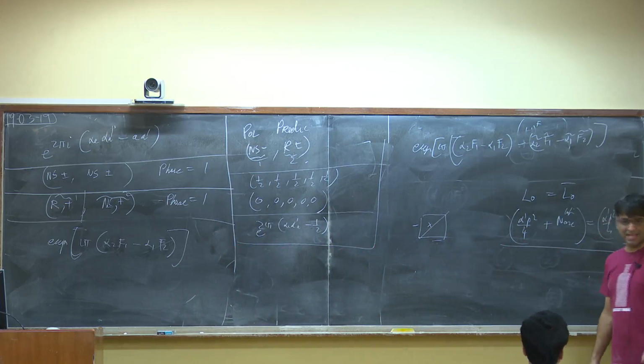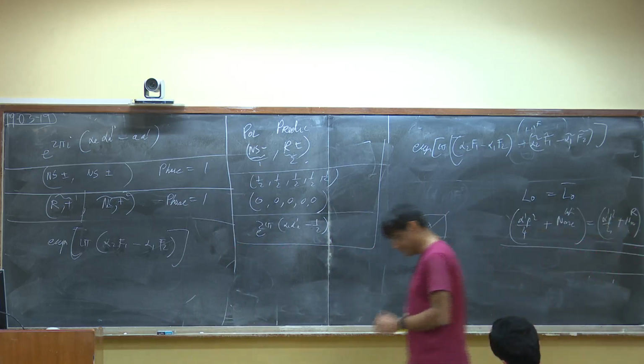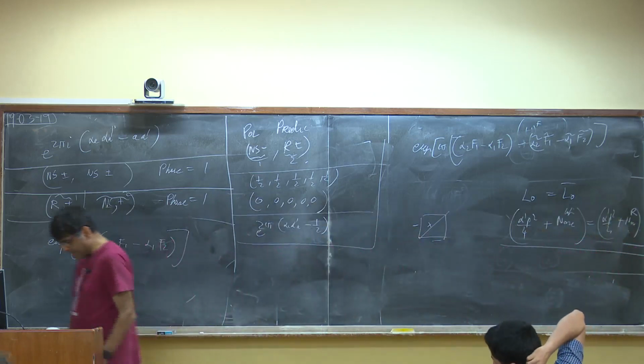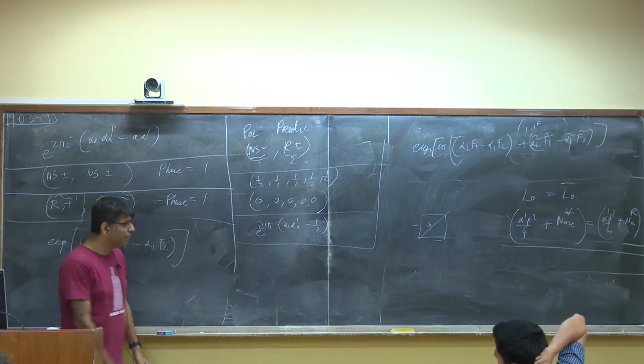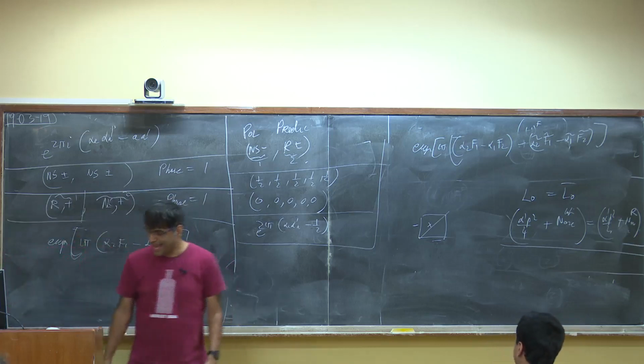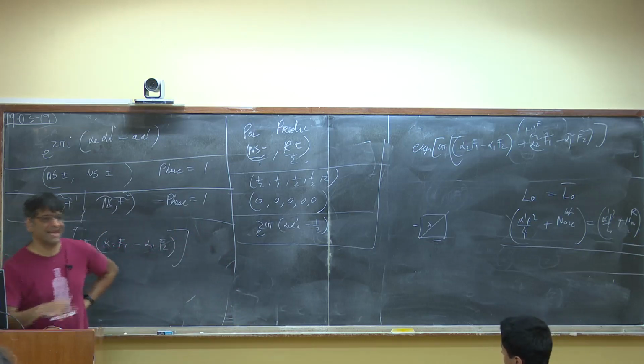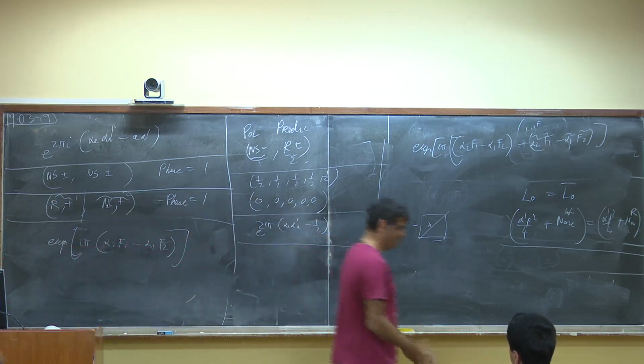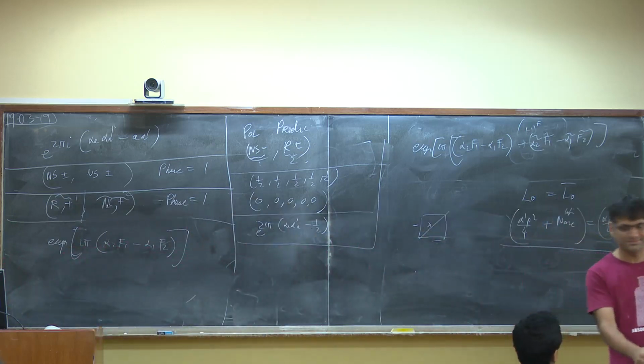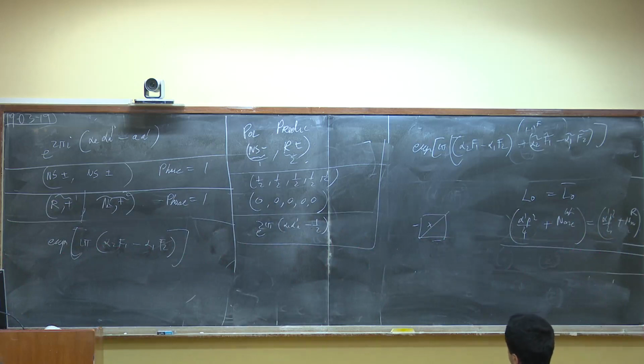Now, however, look at this. Suppose we are in the NS minus sector. In the NS sector, every fermion is half integrally moded.